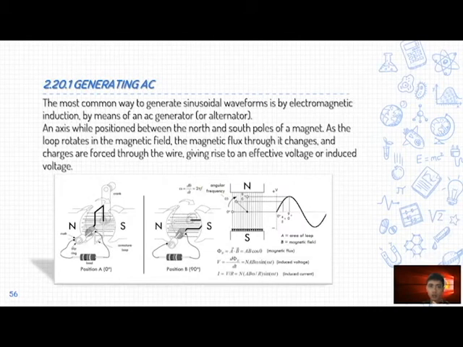The most common way to generate a sinusoidal waveform is by electromagnetic induction by means of an AC generator or alternator. A loop of wire is positioned between the north and south poles of a magnet. As the loop rotates in the magnetic field, the magnetic flux through it changes, and charges are forced through the wire, giving rise to an effective voltage, the induction voltage.